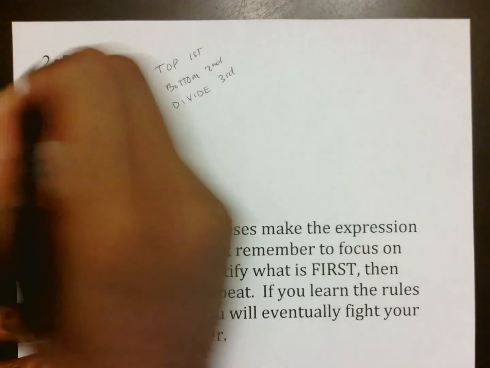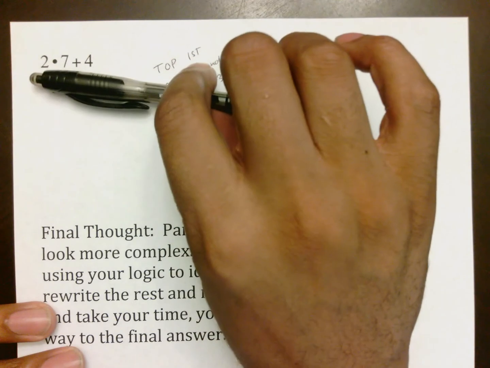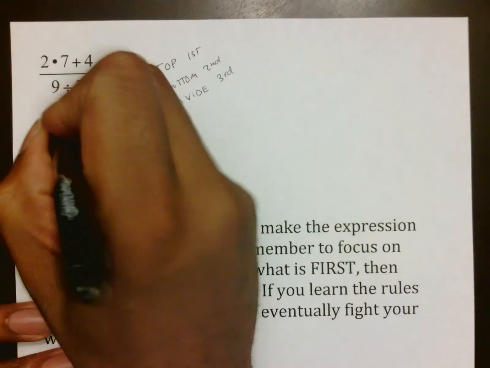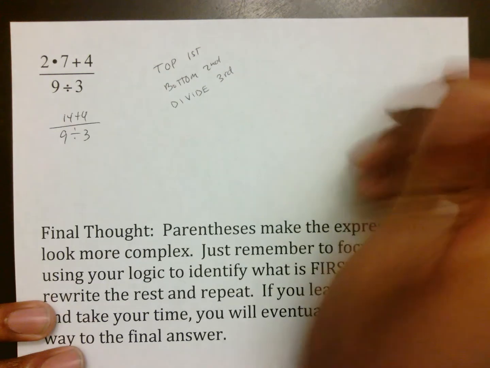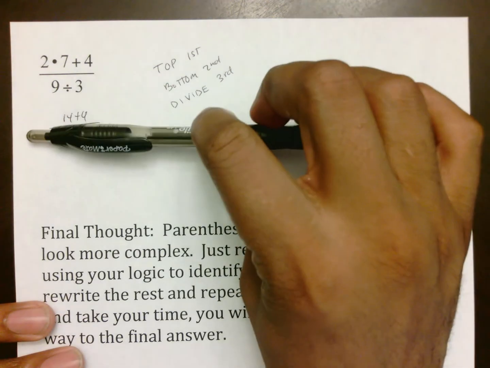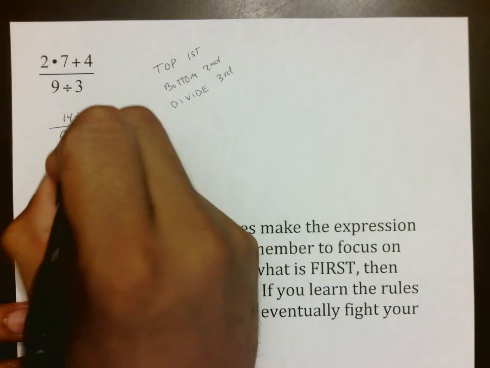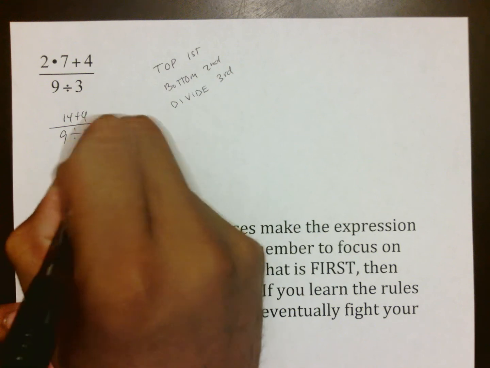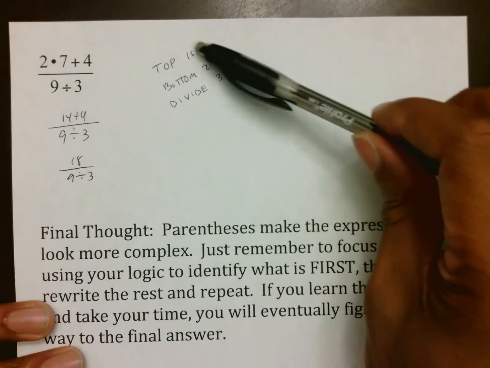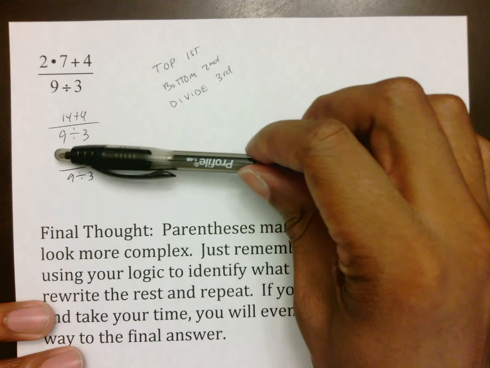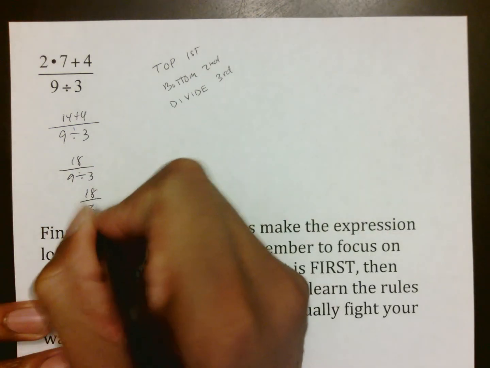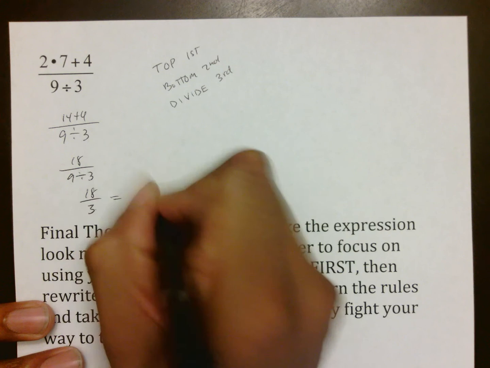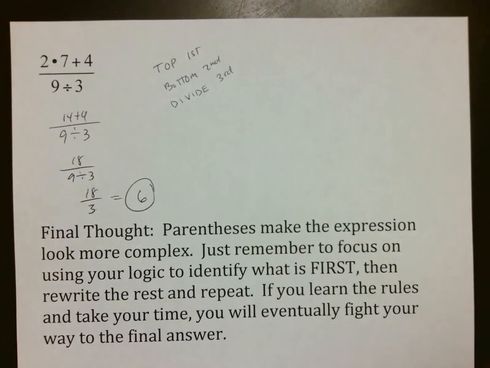But first thing we're going to do is work out the top as if the bottom wasn't there, and the first thing we're going to do is multiply to make it 14 plus 4 over 9 divided by 3. Still again ignoring the bottom. 14 plus 4 turns into 18 over 9 divided by 3. Now that the top is done, work out the bottom. 9 divided by 3 is 3, so it's 18 over 3. And now we divide 18 divided by 3, which is 6.